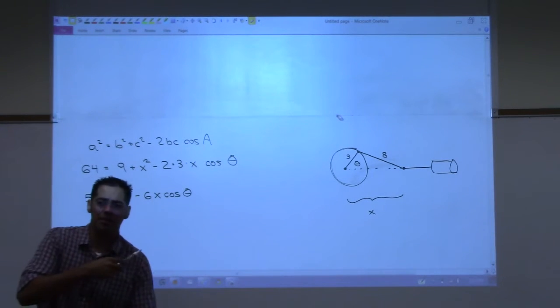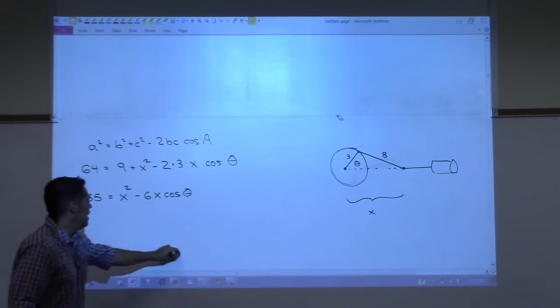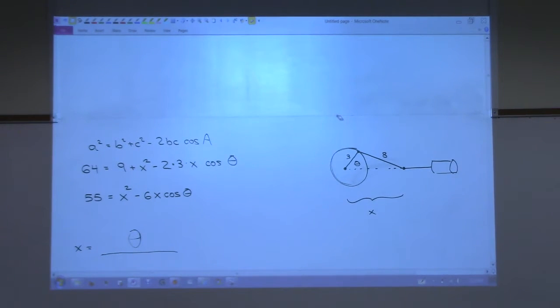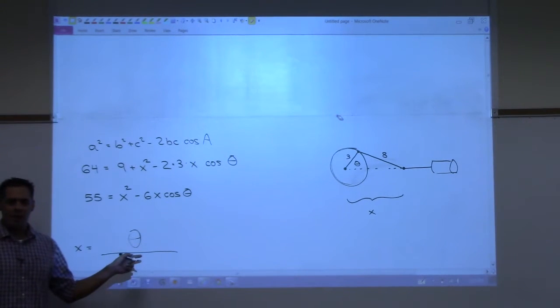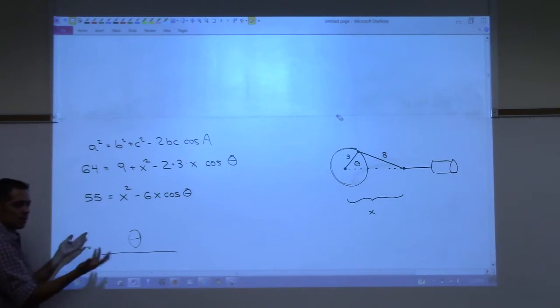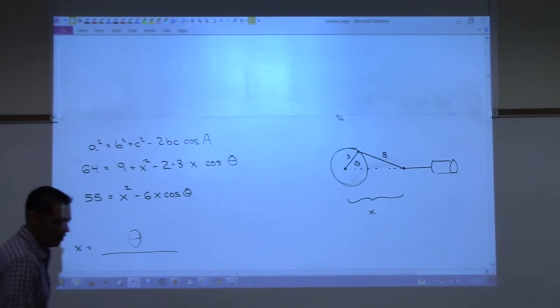I want this to be turned into an equation where I have x equals something, and it needs to have theta in it, and it can't have x in it. Why can't it have x in it? Because x would then be in terms of itself, right? It would be like, in order to know x, I need to know x. Yep. And that's circular, so you can't. I want to know if someone gives me theta, can you give me x? So how in the world do you solve this?